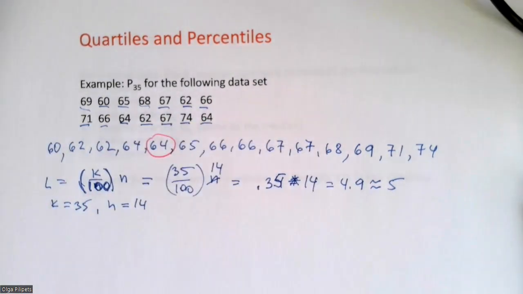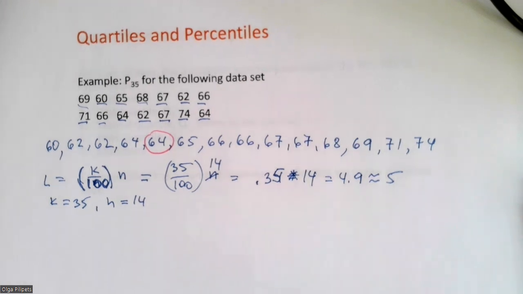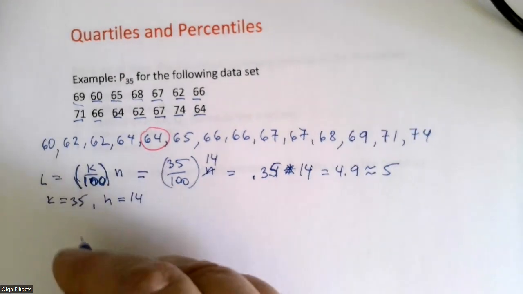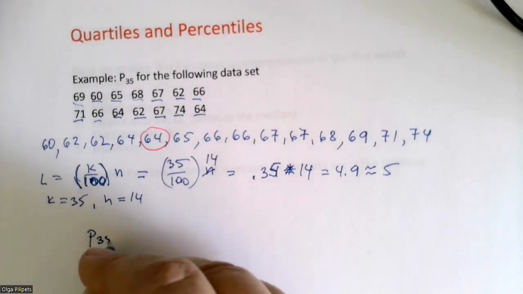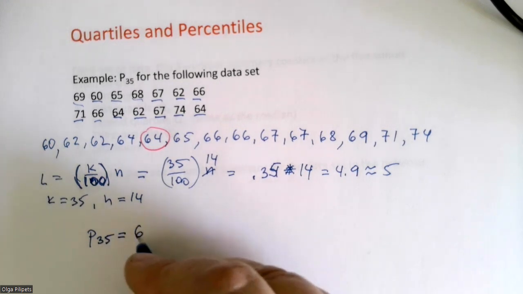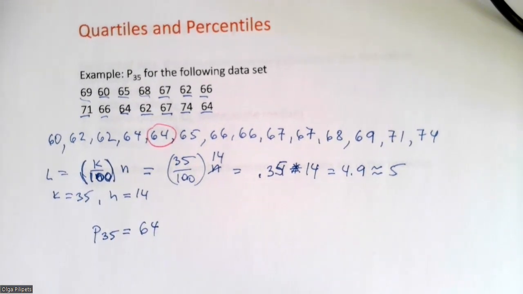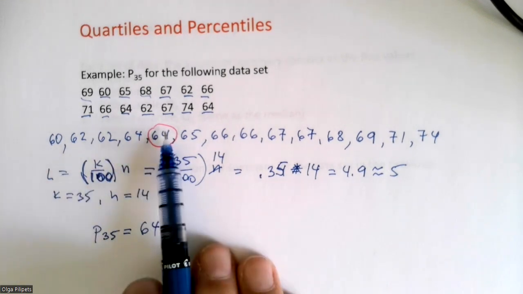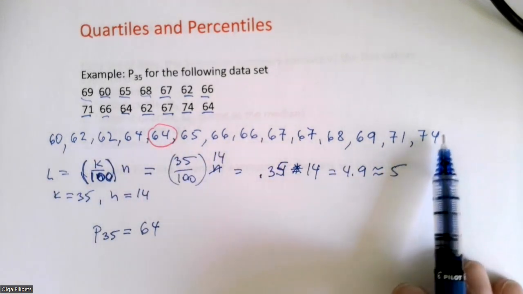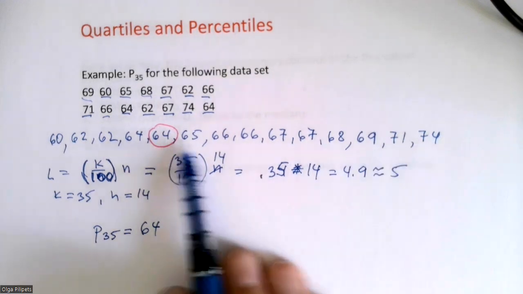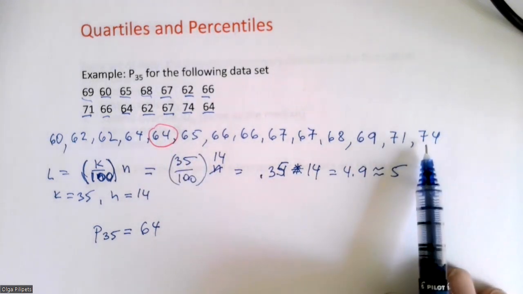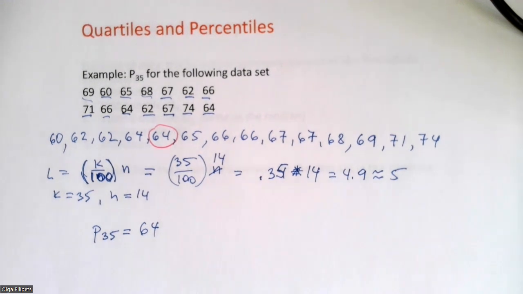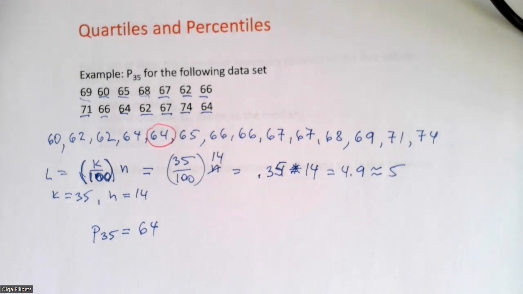Right here, that's 64. So we're going to say the 35th percentile is 64. What that means is that 35% of the values lie below that value, and the rest, 65%, is going to be above that value. So that's how you find the value that corresponds to the given percentile.